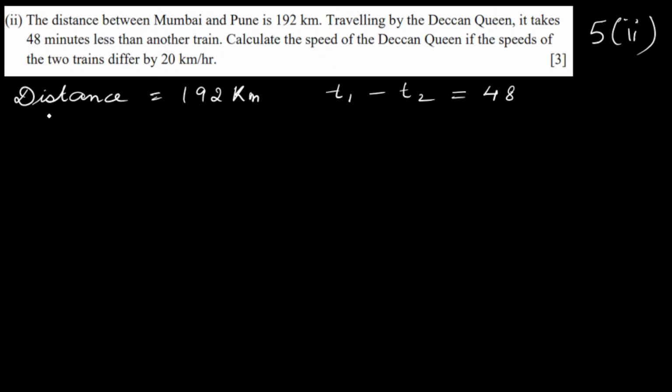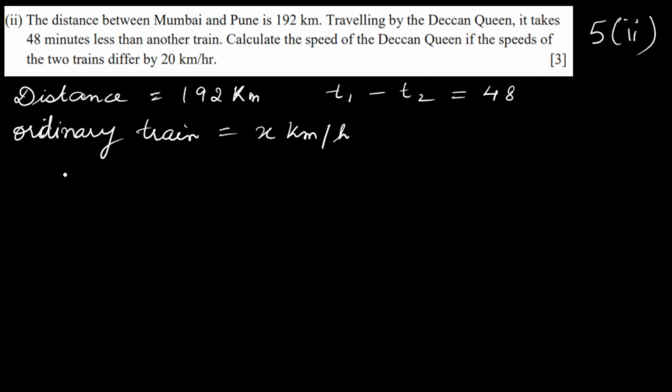Okay, so two trains are there. The first train is Deccan Queen and the other one is maybe some ordinary train. Let us say the ordinary train's speed is x kilometers per hour. This is the speed of the ordinary train.